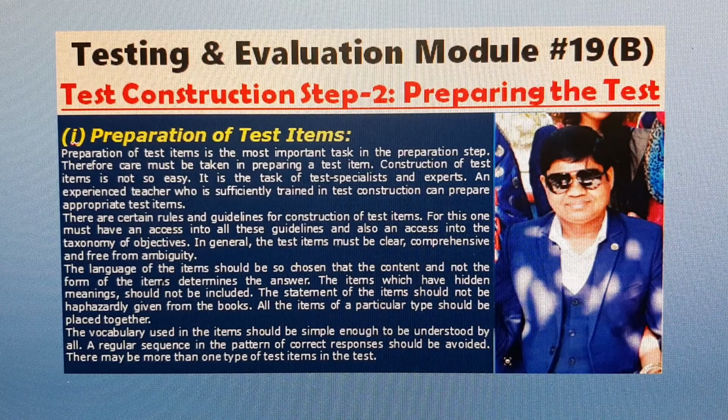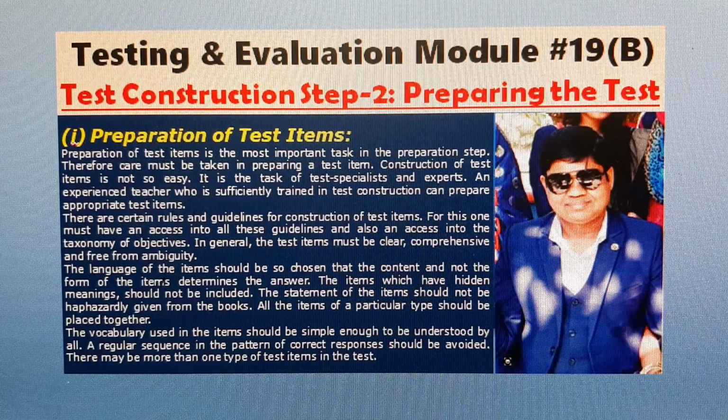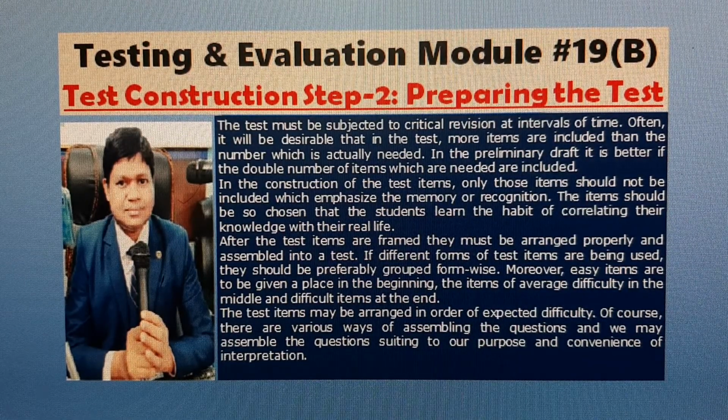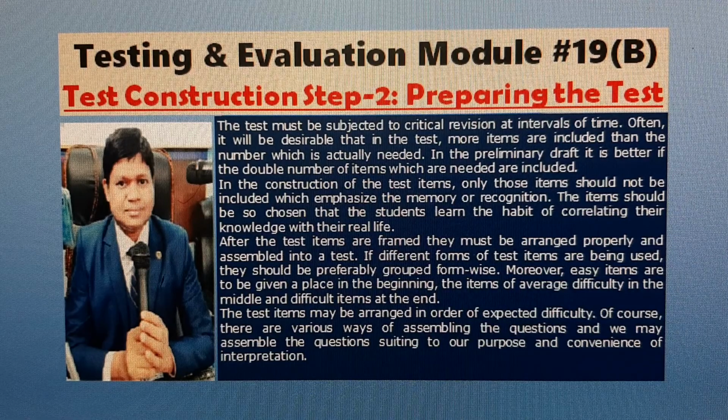There may be more than one type of test item in the test. The test must be subjected to critical revision at intervals of time. Often, it will be desirable that more items are included in the test than the number which is accurately needed.